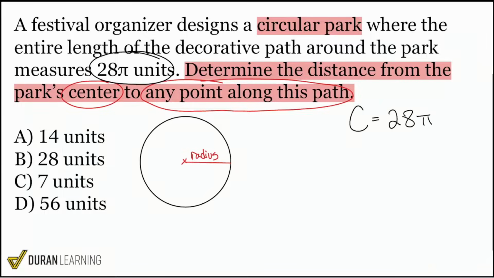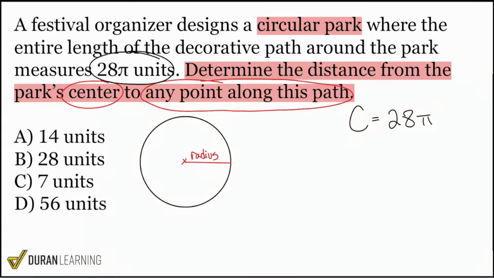So now that we have this, we're good, because the question we have to ask ourselves now is this. I know I'm looking for the radius of the circle. I know the circumference of the circle. Is there a formula, or what is the formula that connects radius to circumference? What's that formula going to be, my party people?